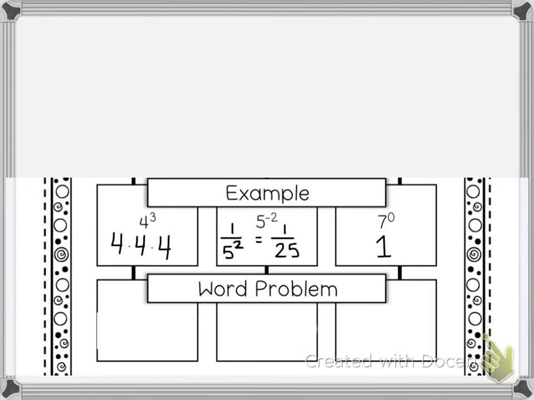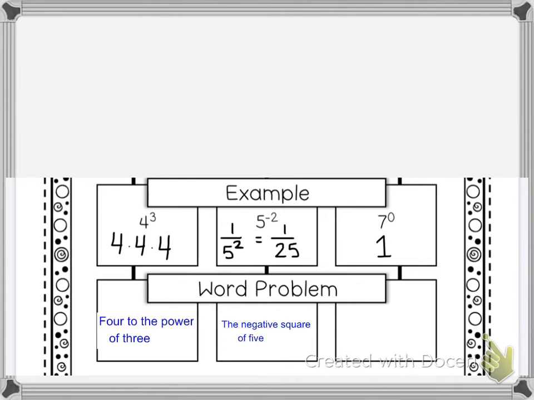Now we're going to look at how these are said. 4 to the third power: my base is 4 and I multiply 4 three times, 4 times 4 times 4. It can also be said as 4 to the power of 3. If I were going to write it out, I would write 4 to the power of 3. 5 to the negative 2 is said as the negative square of 5.